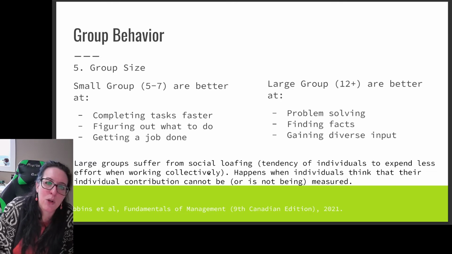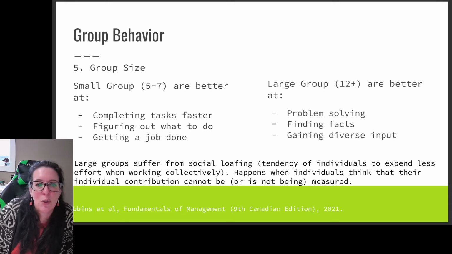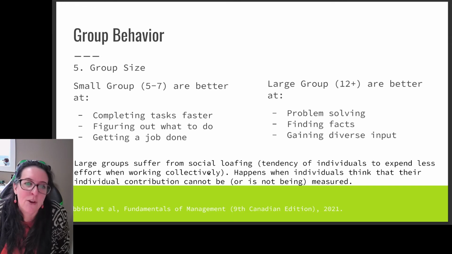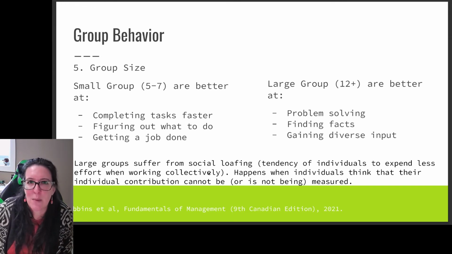The other piece in terms of avoiding social loafing is that we need ways to make sure that we can measure the individual contributions, not just the collective. So when we talked about groups versus teams, remember the team differentiator was that we were measuring the collective.